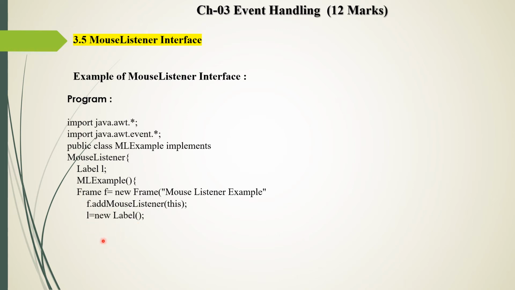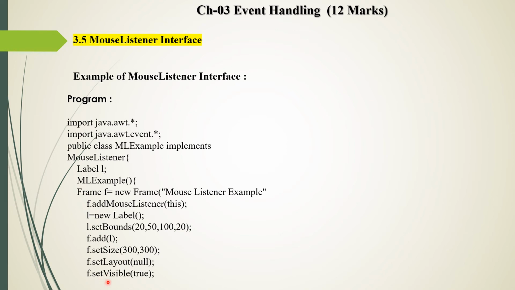Then the label is initialized. Then we set the position of the label by the method setBounds, and then we add our label into the frame. Then we set the size of the frame by the method setSize. Then we set the layout of the frame by the method setLayout, and then we set the visibility of the frame by the method setVisible.